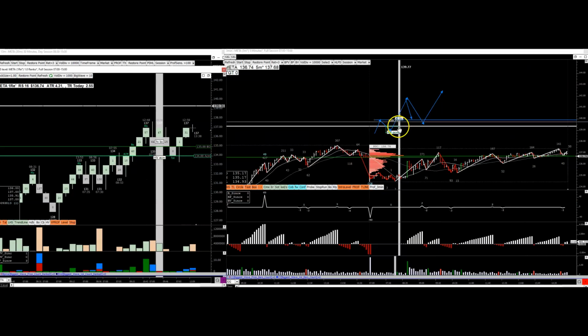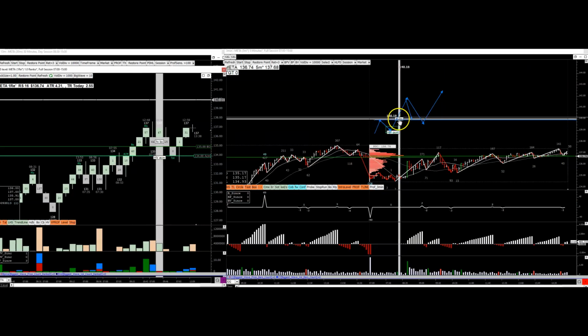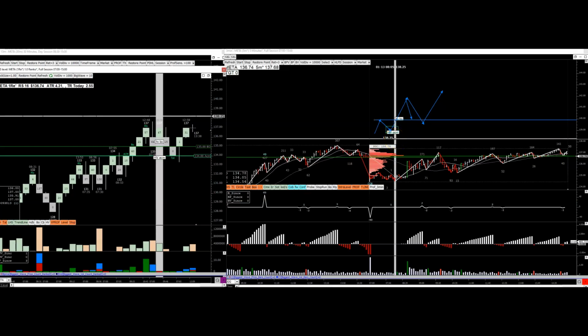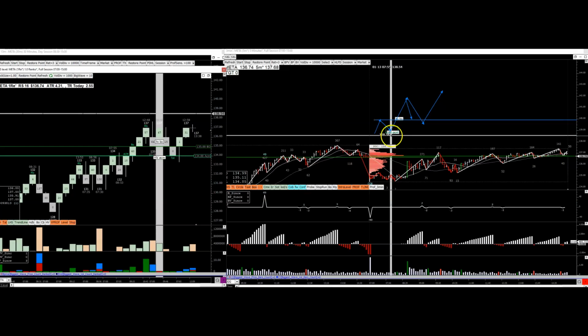For example, you'll see a high number in the breakout brick, or a high number in the accumulation brick, where you know that if it goes to this area, someone bought all of that in that brick. So chances are they'll defend it. And if they defend it, then it's going to go higher. When they defend, it really means they're just buying more, continuing to add to their position.